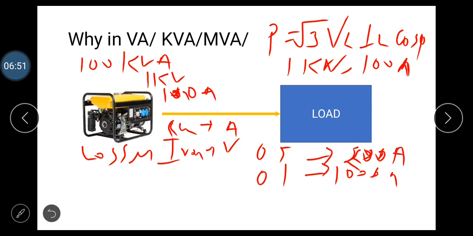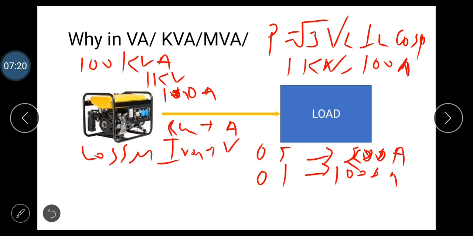I, as the manufacturer of the alternator, will not know what power factor it is going to operate at. If it is unity power factor, it draws less current. If it is 0.1 power factor, it draws 10 times more current, which the alternator cannot deliver.